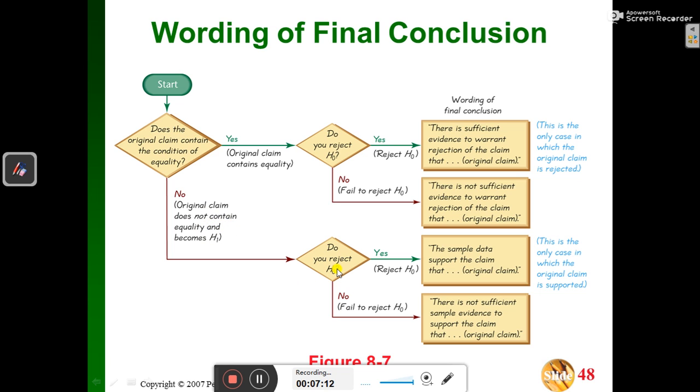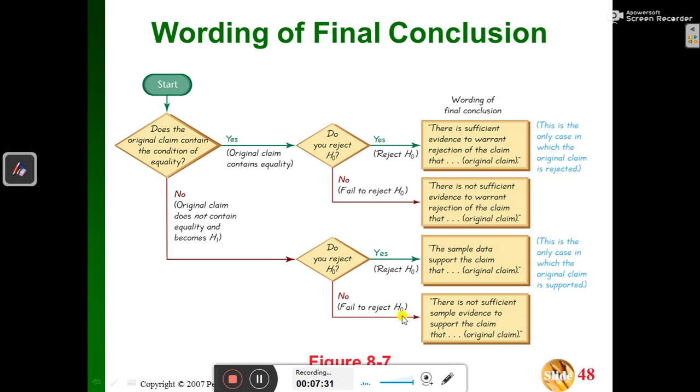Do you reject H0? In case the statement is H1, can you reject H0? Yes, only if the sample data support the claim. Then we can reject H0. And no, we fail to reject H0.